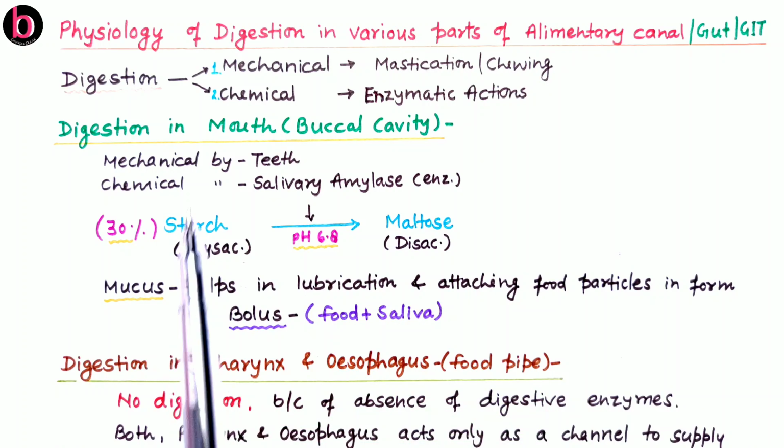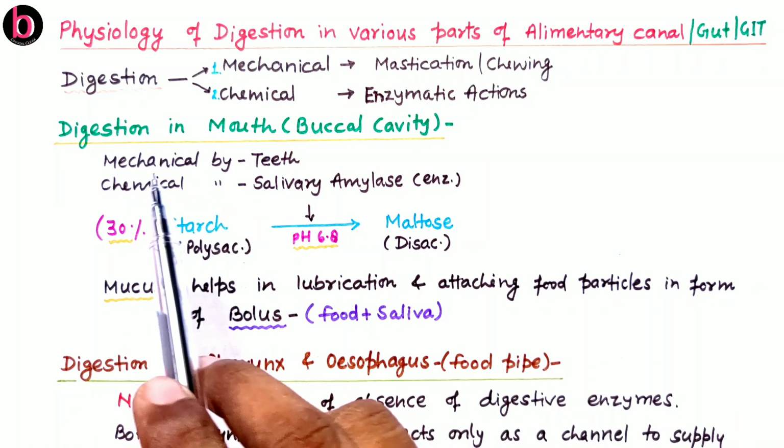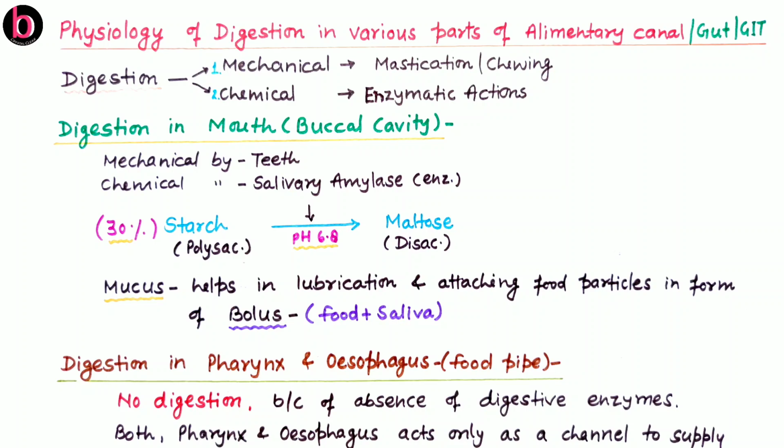First, this is digestion in the mouth or buccal cavity. The buccal cavity is a part of the mouth that is covered externally by the lips and internally by the pharynx. In the buccal cavity there are a number of teeth. In human beings, as we discussed, there are 32 teeth, and by these teeth there is mechanical or physical breakdown of food material, while there is also presence of salivary glands.